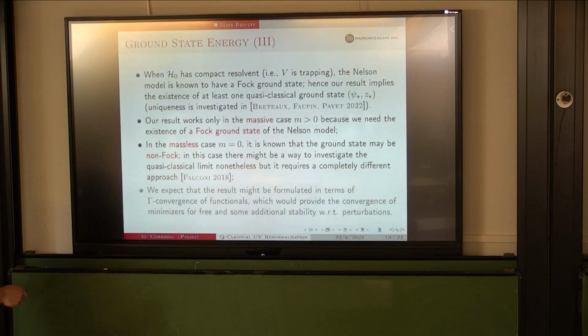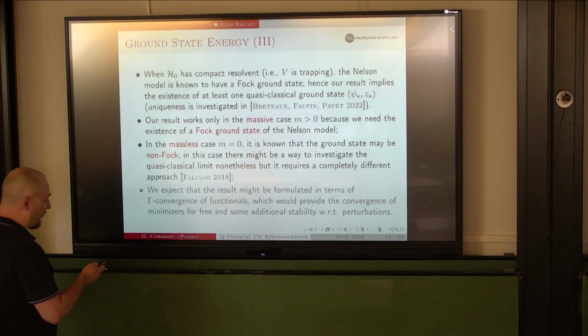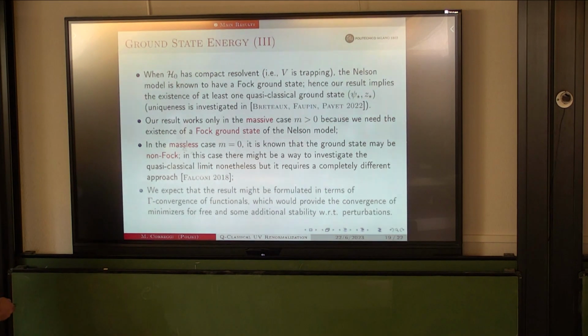In the proof of this result, we use the fact that the field is massive to exploit a certain bound, which I will perhaps comment on later, which comes out of a sort of pull-through formula, and that's not available in the massless case. For that we need the existence of the Fock ground state for the Nelson model. So it's a bit involved, but this is why we have to restrict to the massive case.